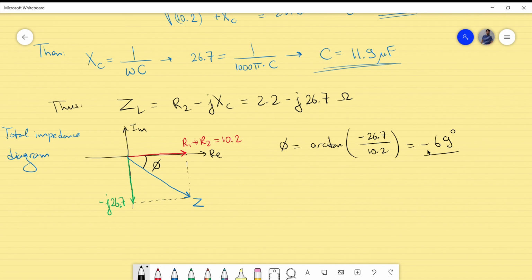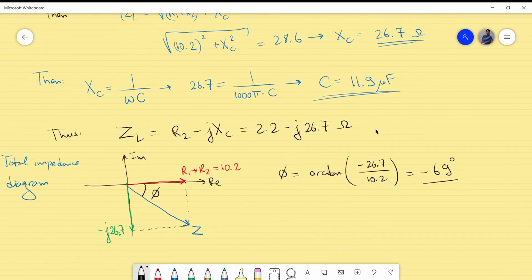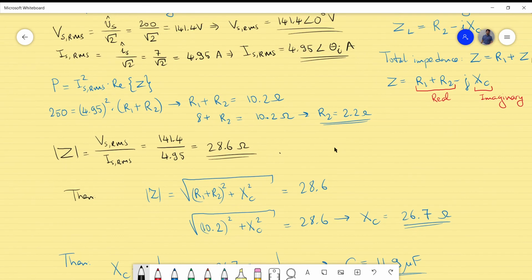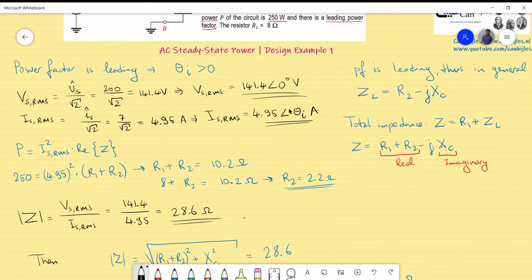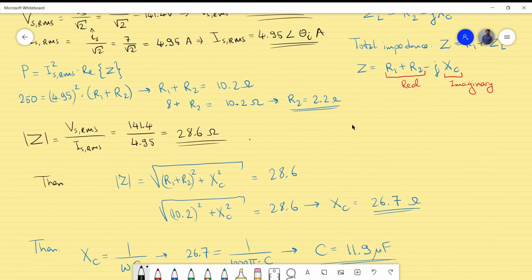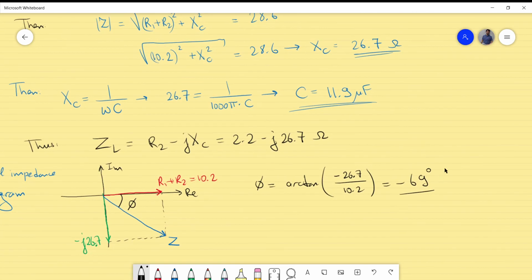Now the question: is this still a leading power factor? Yes. Why? Because the phase of the impedance and the phase of the current have opposite signs. So if the current has a phase of minus 10, then the phase of the impedance will be plus 10, and of course the other way around.